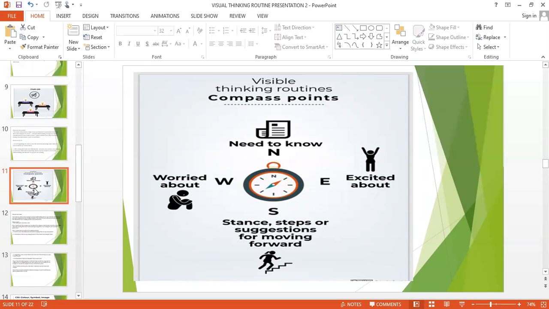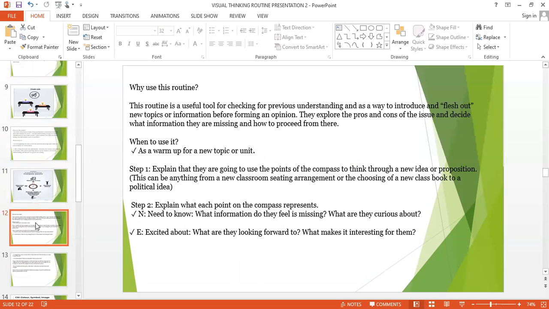So this routine also helps students to tell us about their thoughts. N stands for need to know, E stands for excited about, S stands for stance, steps or suggestion for moving forward, and W stands for worried about.